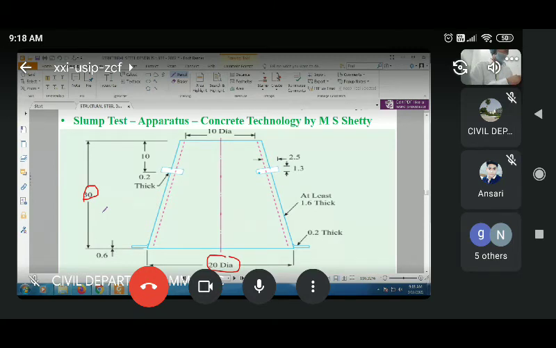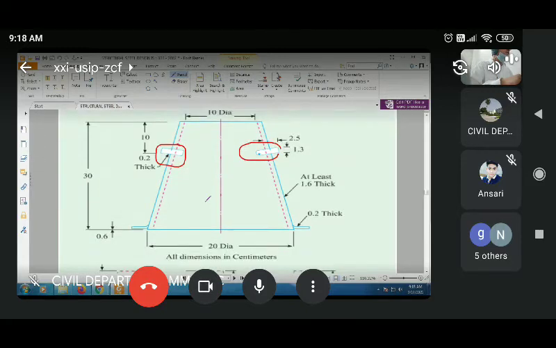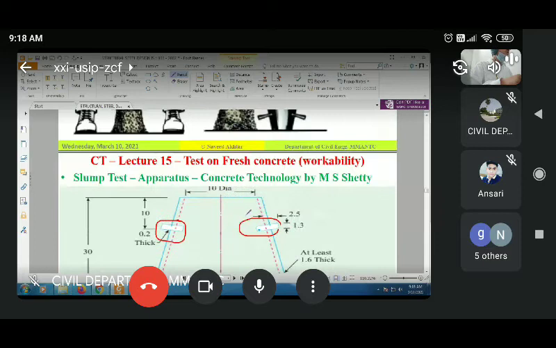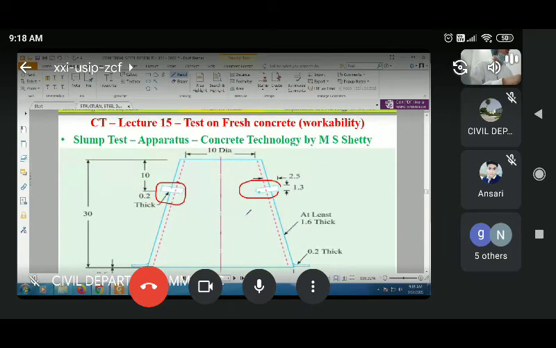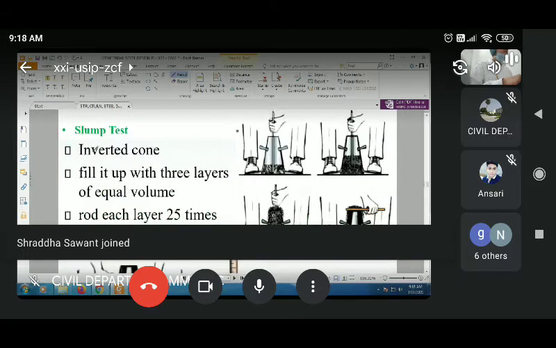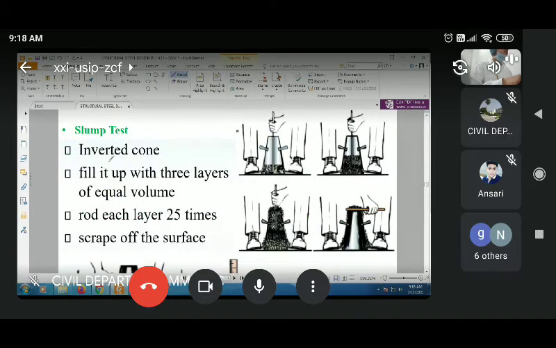Okay, so you can see the slump cone apparatus and the handle to hold down the cone while filling the concrete. So this is the cone, and we are using a tamping rod to compact the concrete. So you can see this. The cone is generally used inverted. Fill it up in three layers. So you can see this first layer, 1/3 layer is filled, and the compaction is done by a tamping rod.